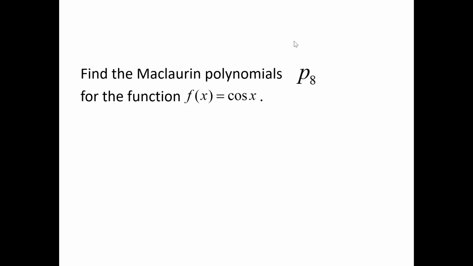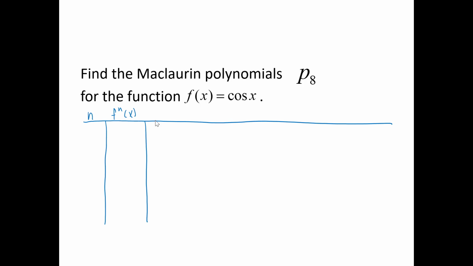Very similar problem. If you didn't try the last one, you should definitely try this one. Find the Maclaurin polynomial for cosine, P8. So n, fn of x, fn of 0, cn, which is fn of 0 divided by n factorial.